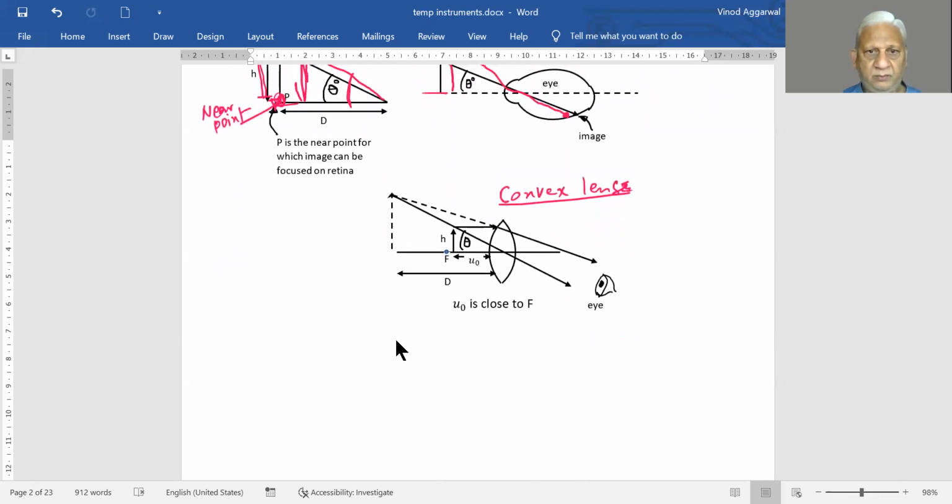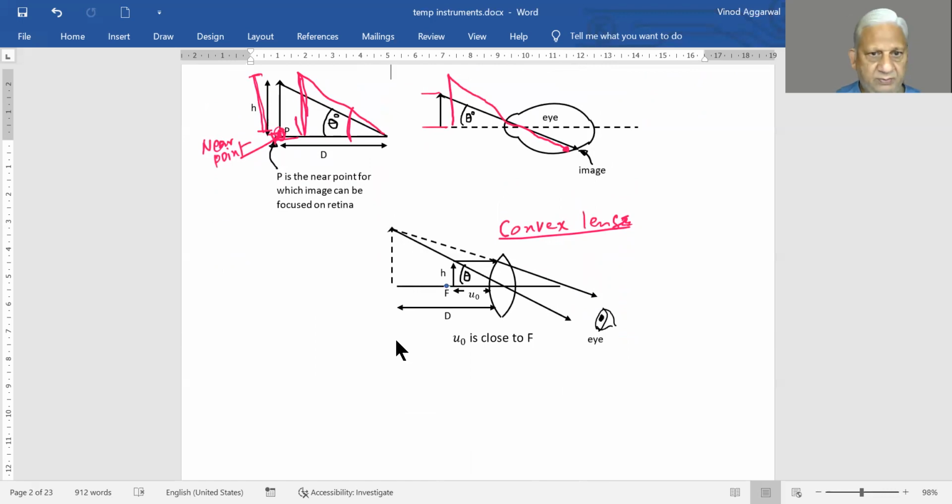If we calculate the magnification, magnification is theta by theta naught, where theta is this angle and theta naught is this angle when we were seeing the object without any lens, with the naked eye.